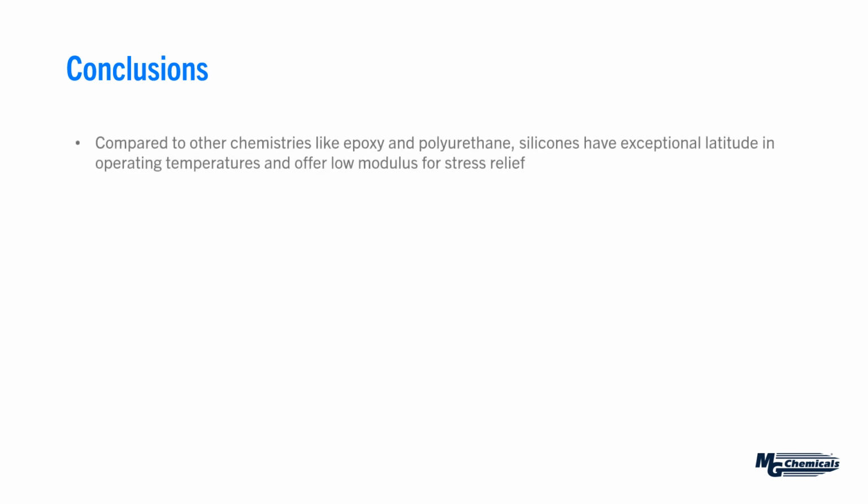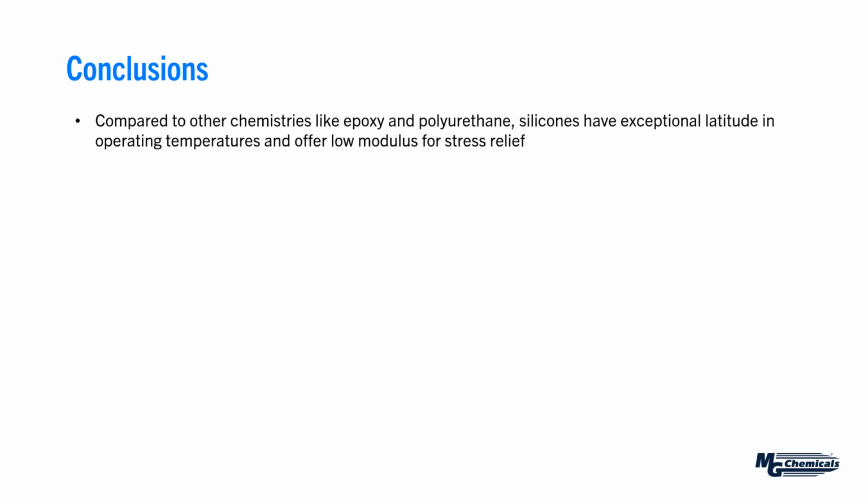Okay, so now let's go over some of the conclusions from today. So again, compared to other chemistries like epoxy and polyurethane, silicones have exceptional latitude in their operating temperature and offer low modulus for stress relief. But again, we got to consider the weak point being that solvent resistance.